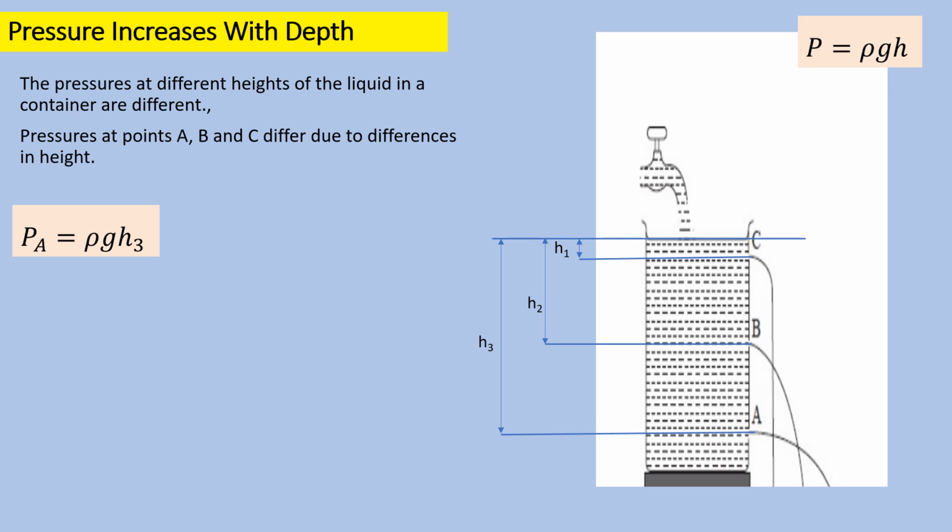Now at point B, we expect that pressure will be equal to rho g H2, that is, height will be substituted by H2.